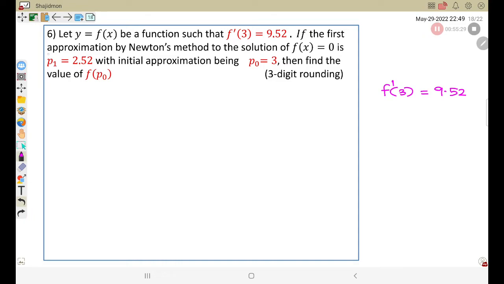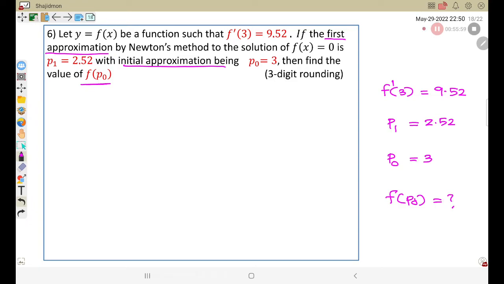Now, the first approximation, that means P1, by Newton's method to find the solution of the equation f of x equal to 0, is P1 equal to 2.52, with initial approximation P0 equal to 3. Find the value of f of P0.